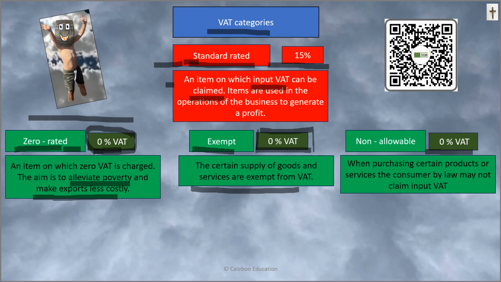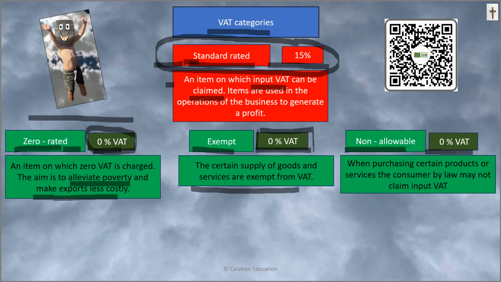And then there are non-allowable items. So when certain items are purchased, no VAT can be claimed. For example, items that are going to be used for the staff. Most of the time when we get onto journals, we will deal with standard rated items.